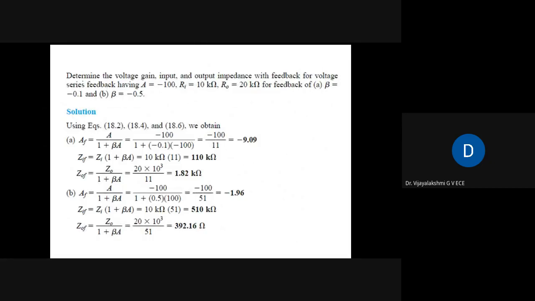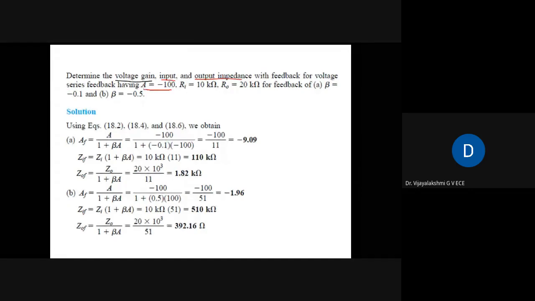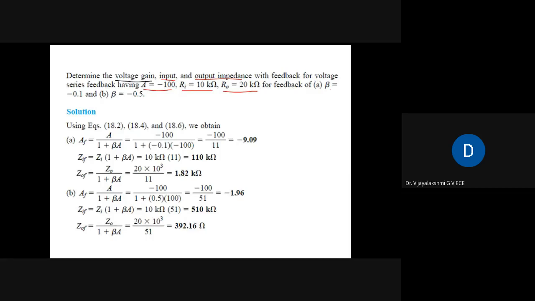You have a question like this: determine the voltage gain, input impedance and output impedance with feedback for a voltage series feedback having a gain of -100, Ri of 10K, R0 of 20K, for feedback factor beta of -0.1 and beta of -0.5.